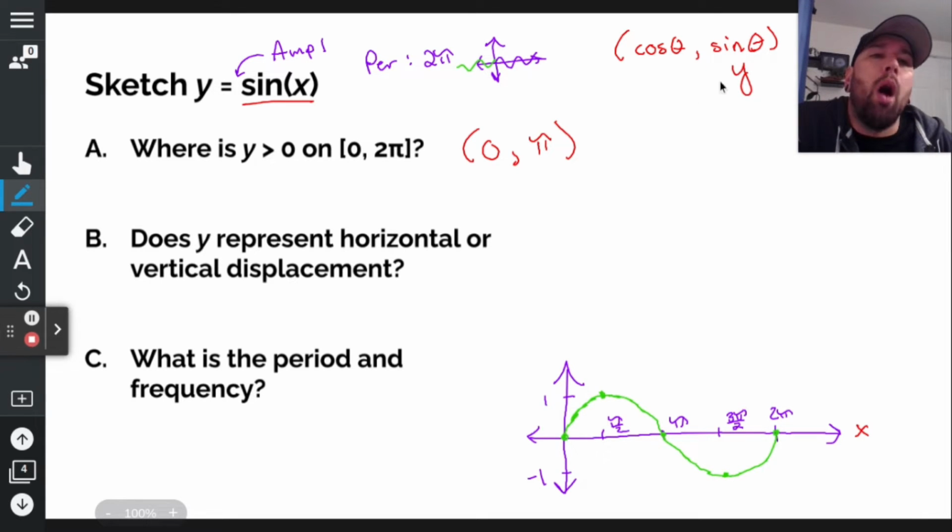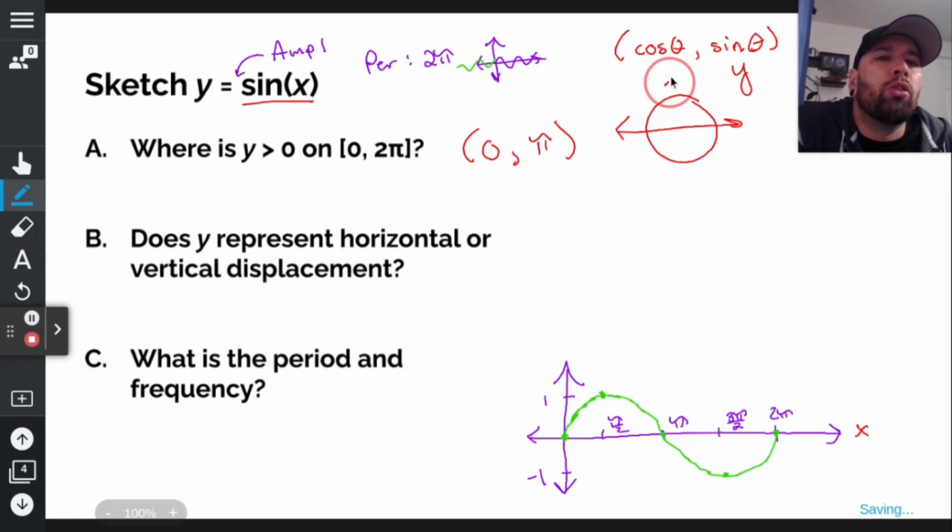If I was viewing this as a unit circle, and I'm looking at the y value, it's the distance from this to this as I move along. So I start at 0 and go counterclockwise and hit pi over 2, I hit 1, which matches up with that. Then I go back down, and then I go underneath, which matches up with that.